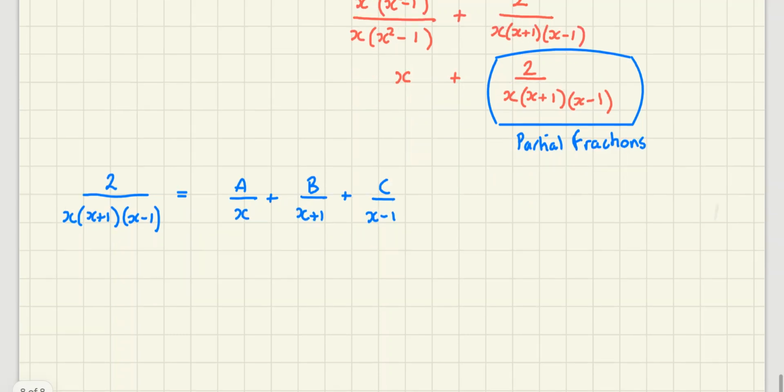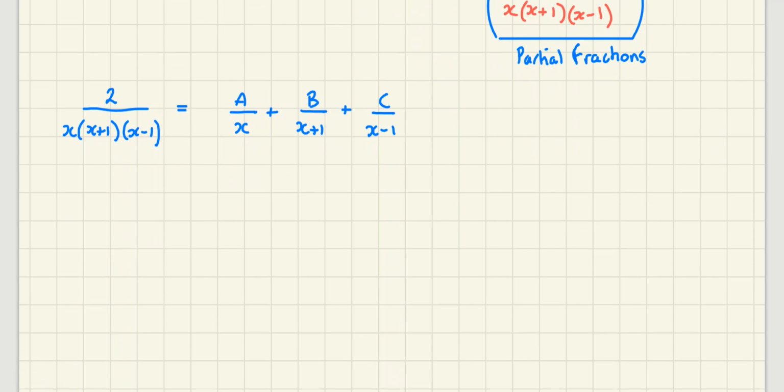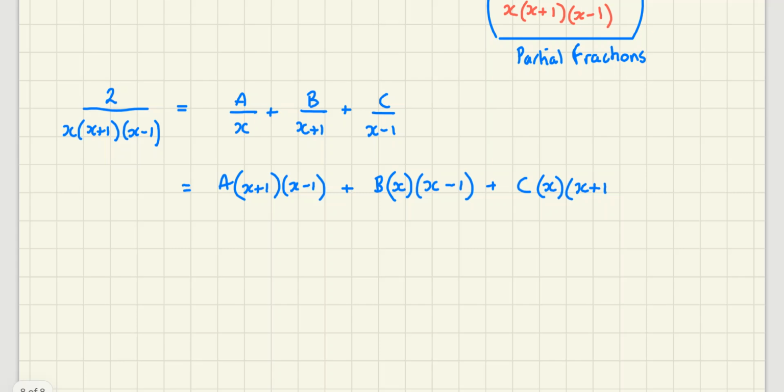So Gabe was mentioning, aren't we going to struggle? But you'll see why it's not an issue. So what do we have to do first? Well, we have to put this side in a way as if we were going to add it all back together to make this. So we're going to have a times x plus 1 times x minus 1, plus b times x times x minus 1, plus c times x times x plus 1.